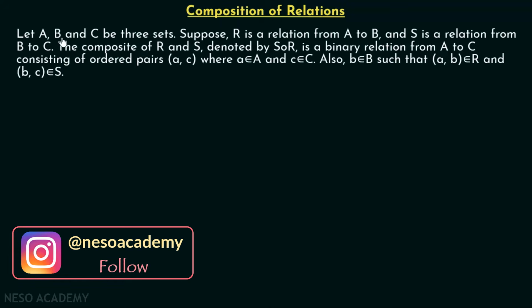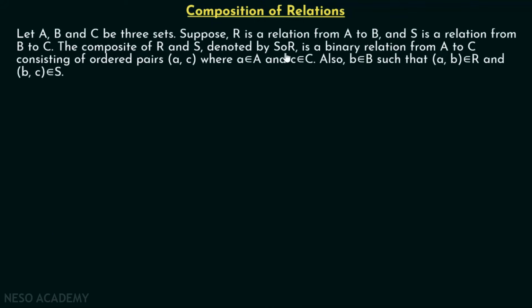So we have three sets A, B and C. After this, we are given the information that R is a relation from A to B and S is a relation from B to C. And here we are talking about the composite of R and S, which is denoted by SOR. This is a binary relation from A to C, which consists of ordered pairs of the form (a, c), where a belongs to A and c belongs to C. Also, it should be well noted that b belongs to B such that (a, b) belongs to R and (b, c) belongs to S. As simple as that.